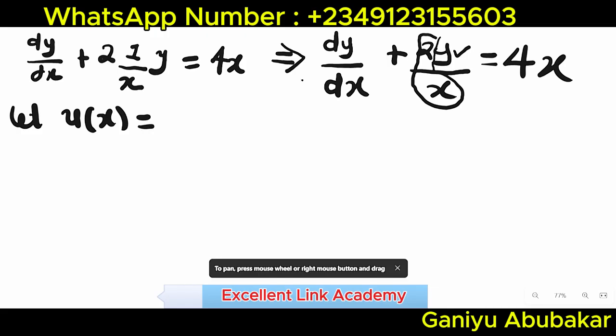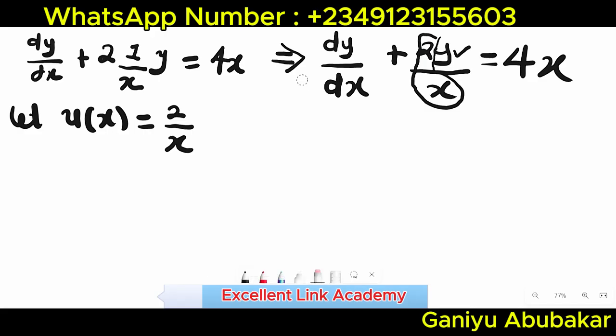So it means that my u of x is 2 over x. We said u of x is always a term attached to y. In this case, the term attached to y is obviously 2 over x. I'll copy it down as my u of x value. So that's u of x.